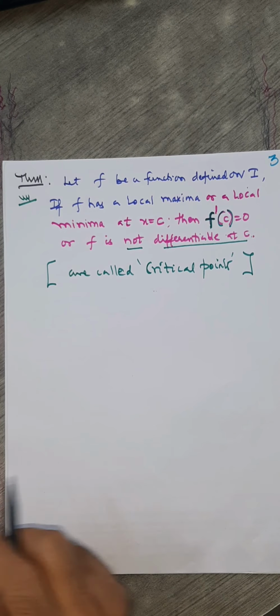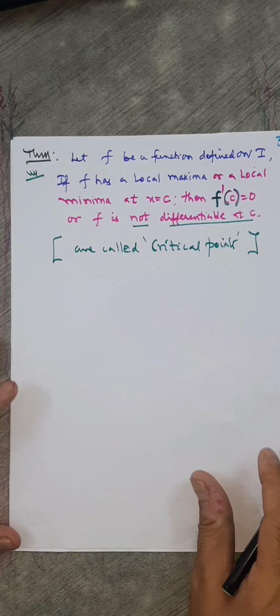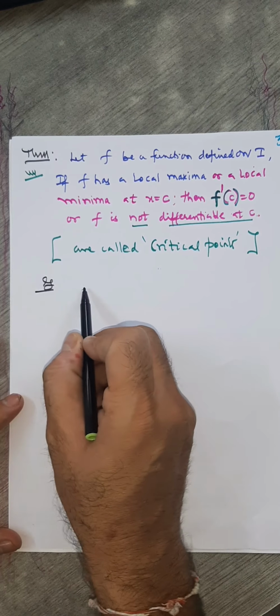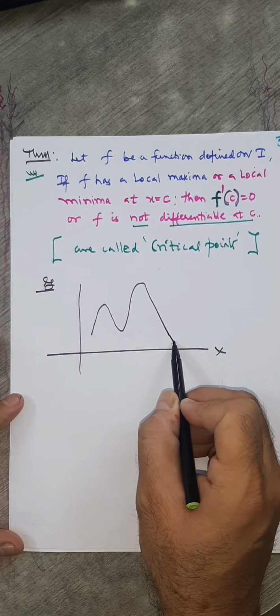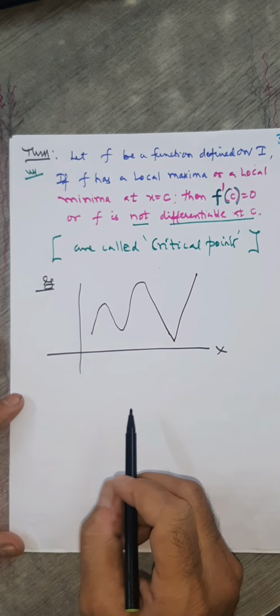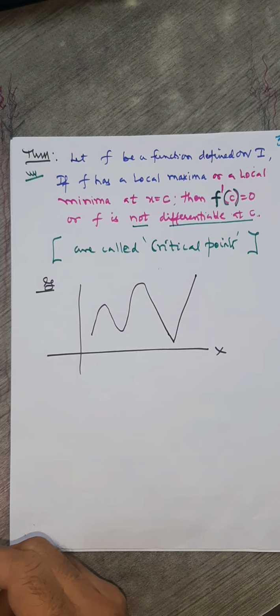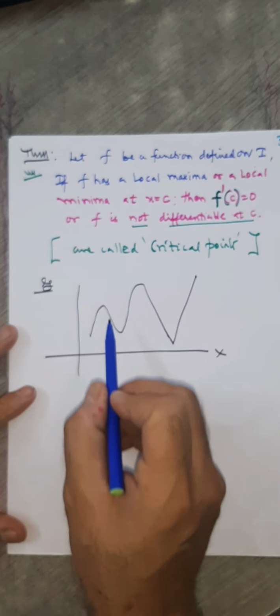So one more time, if I draw for you a function like this, suppose it starts from here like this, now it has a corner here, then it goes like this, then you see these all are the critical values.